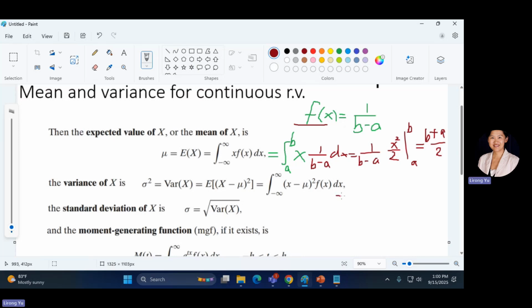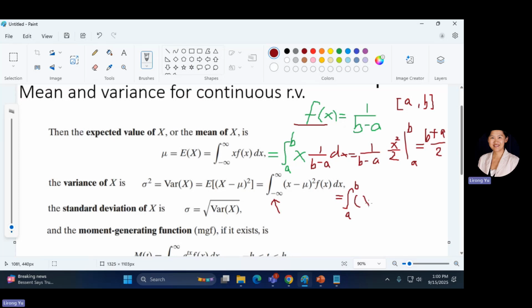And then over here, you can calculate the variance. Again, the domain for the uniform distribution is x belonging to the interval a to b. So we don't have to integrate from negative infinity to infinity. It depends on the individual variable's domain. So you're going to integrate from a to b.